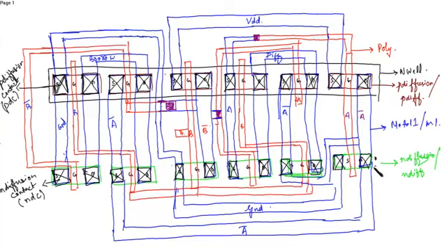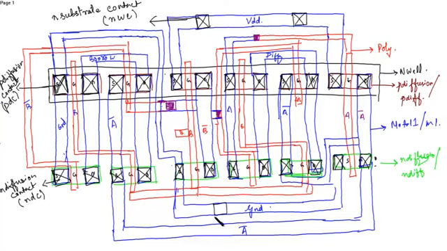Next you have to place the substrate contacts in the VDD and ground layer. This is VDD. This is N substrate contact, N WC contact.